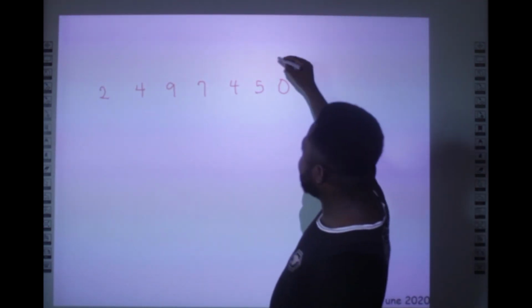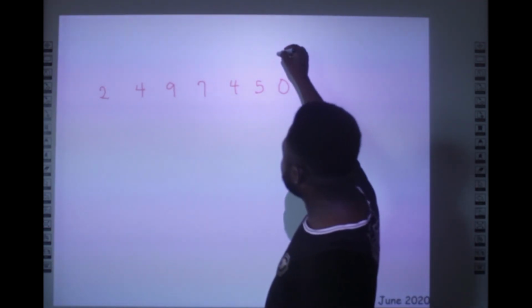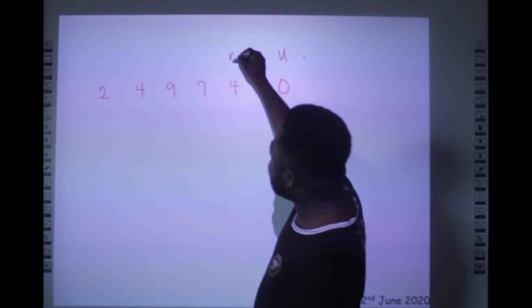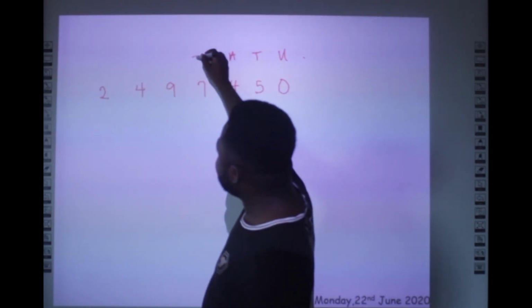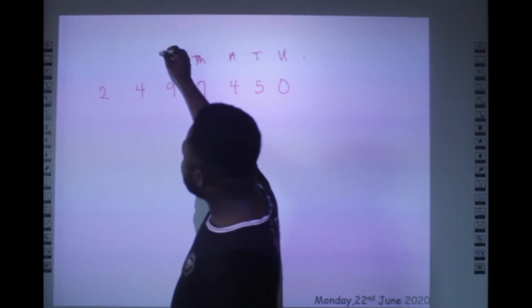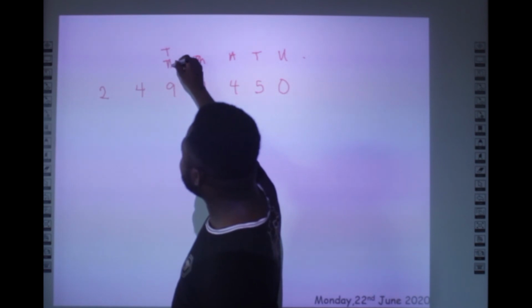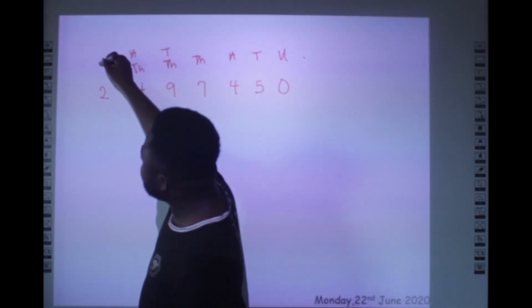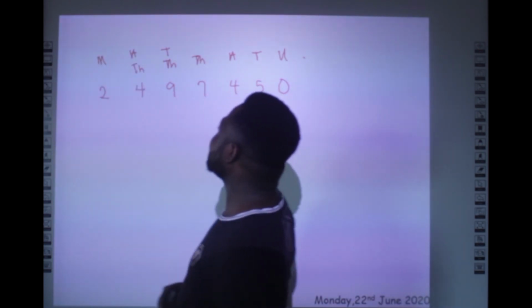So we write out their place value. This is units, this is tens, this is 100, this is 1,000, this is 10 of 1,000, this is 100 of 1,000, while this is million.